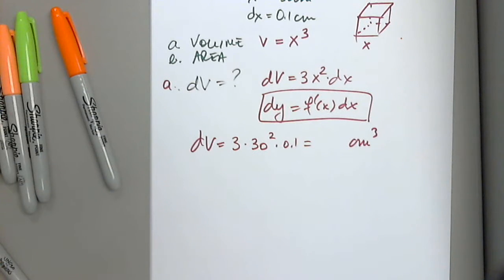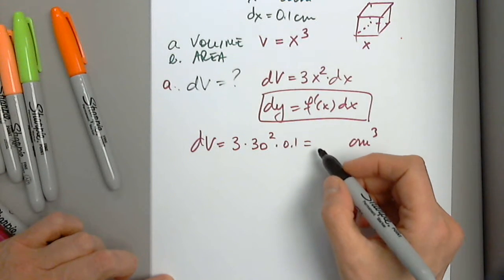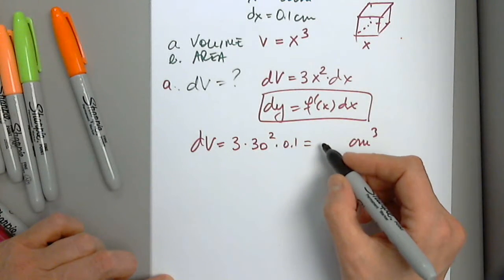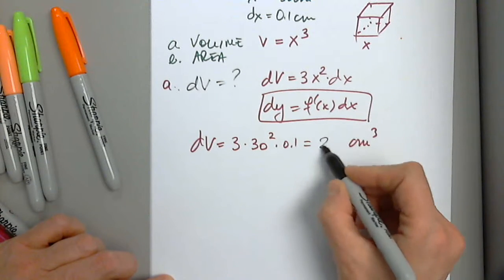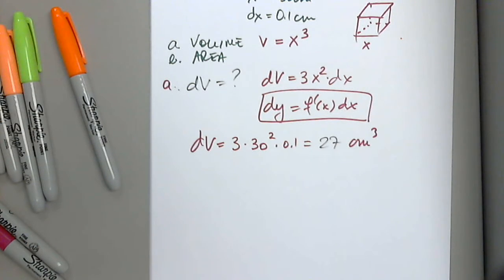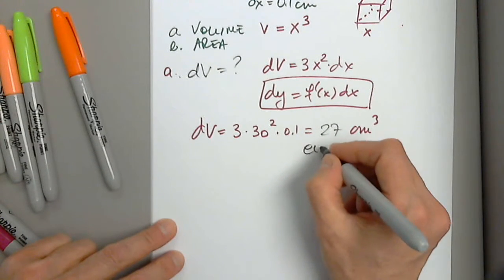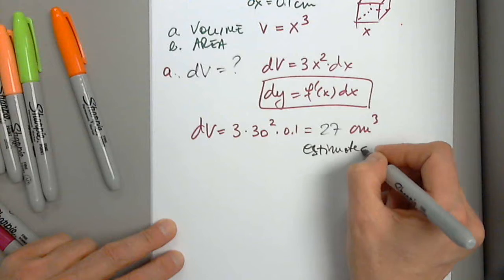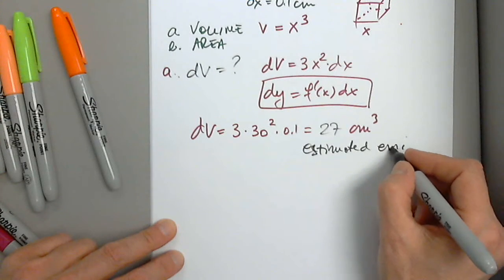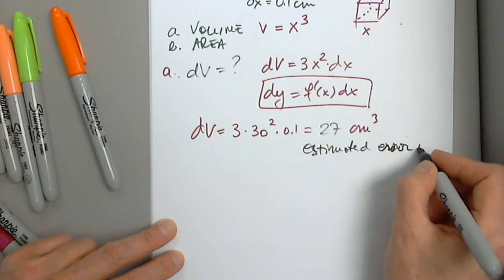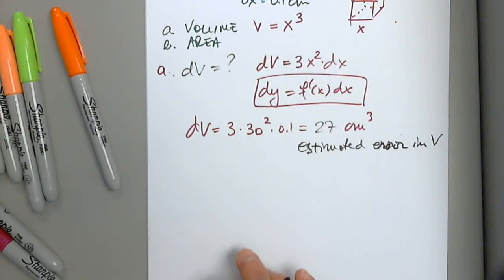So how much did we get? 27? Okay. Good. So this is the estimated error in volume.